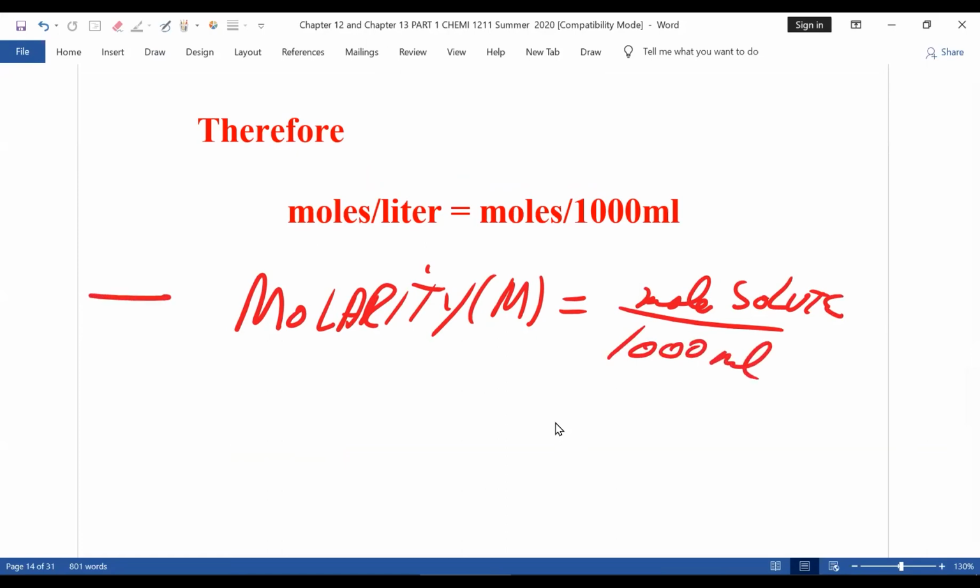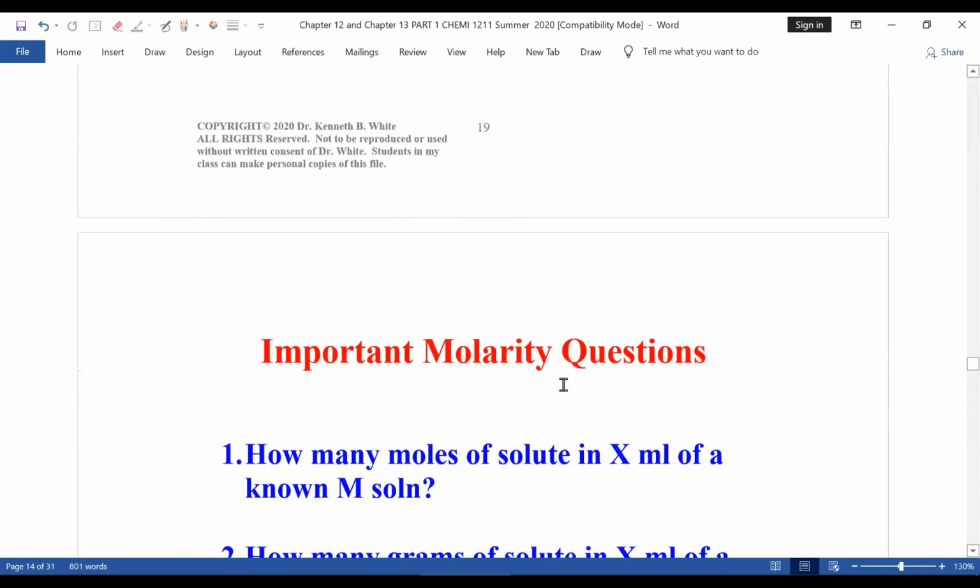And when I write IMP with a bunch of stars after that in my notes when I was a student, that meant you better know this. And this is very important. Molarity equals moles of solute per 1,000 milliliters.